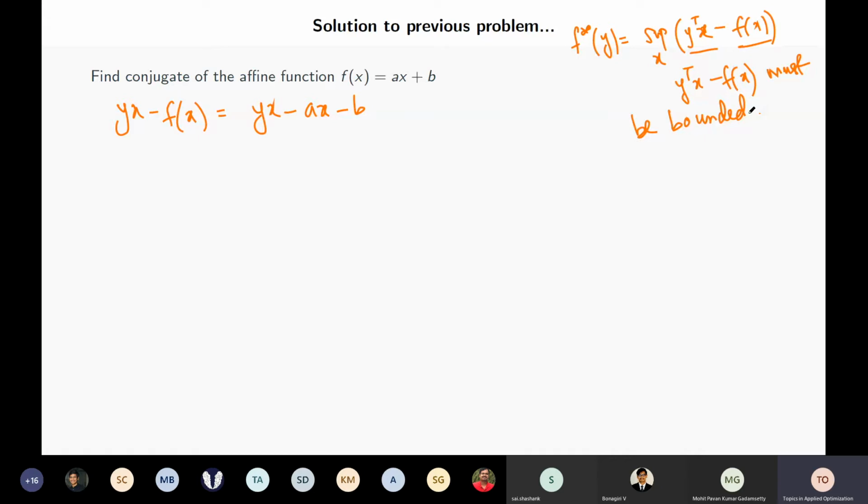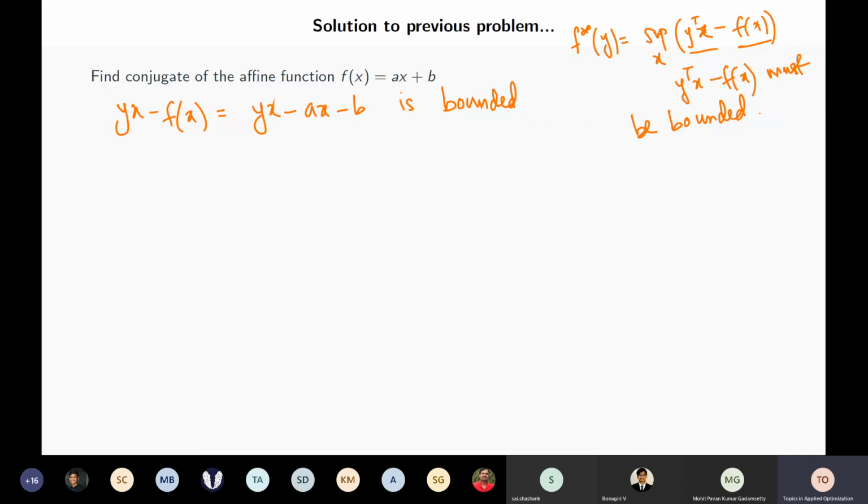So when is this bounded? That's the question now: when it is bounded as a function of x.